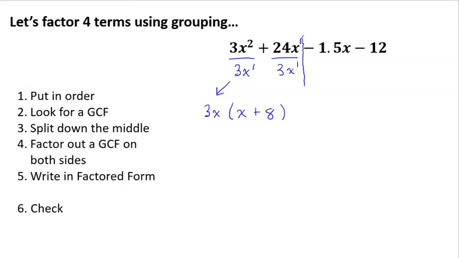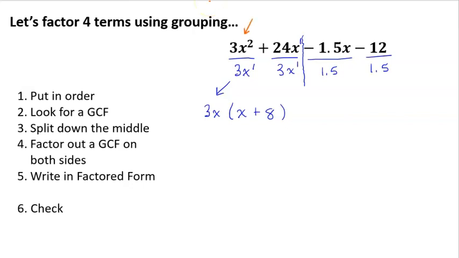On this side, they threw in this decimal here, and so I'm just going to use that as my GCF, especially because I know 1.5 is going to go into 12. So I've got 1.5 on both sides. And remember what I said about the leading coefficient.